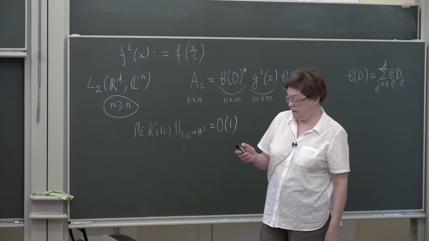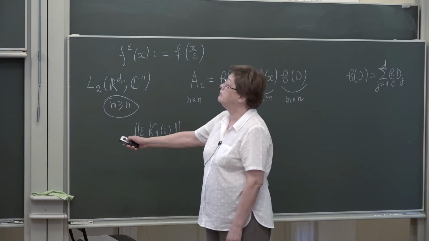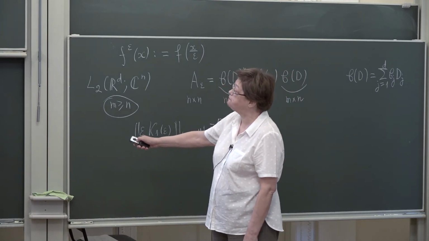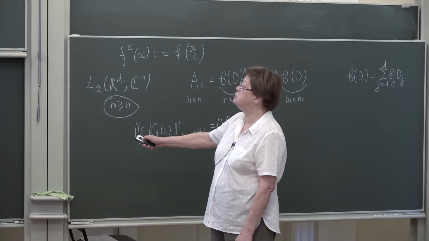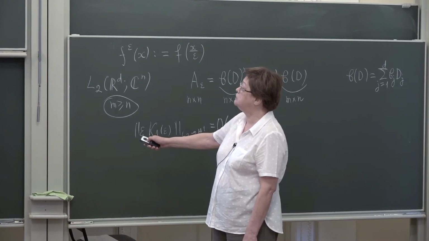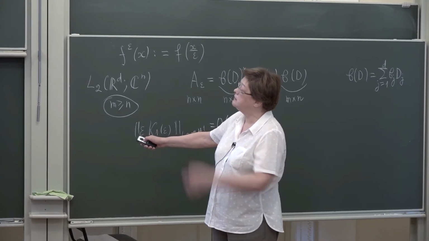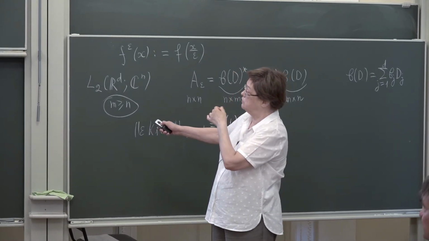Similar results were obtained for parabolic problems. We consider this parabolic semigroup and show that it converges to the semigroup for the effective operator in the L2 operator norm. And again, the error estimate is order sharp, order epsilon.